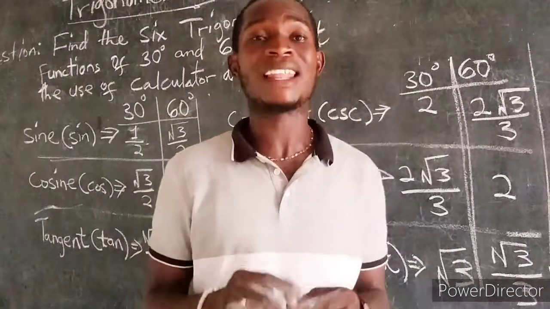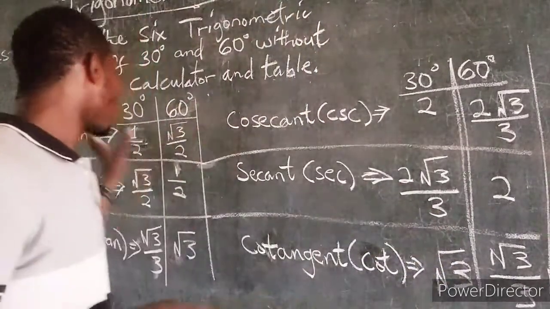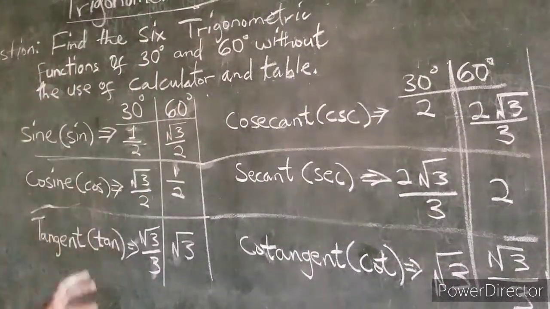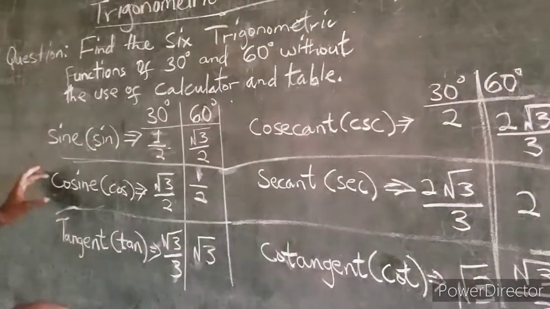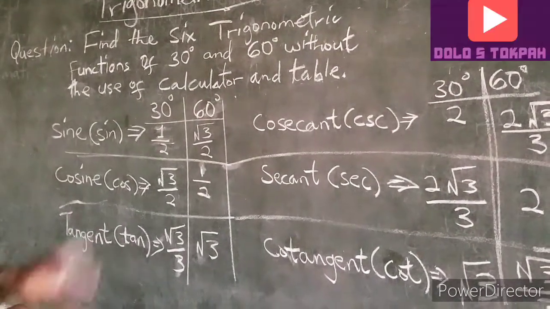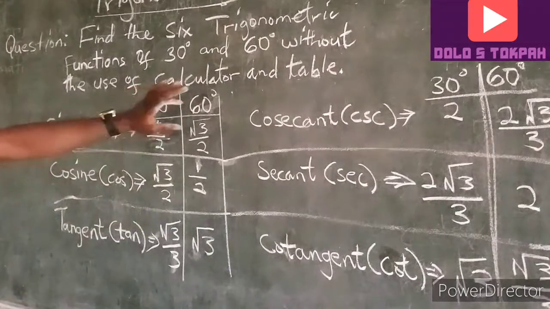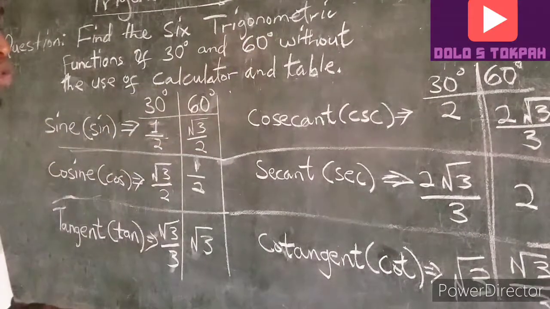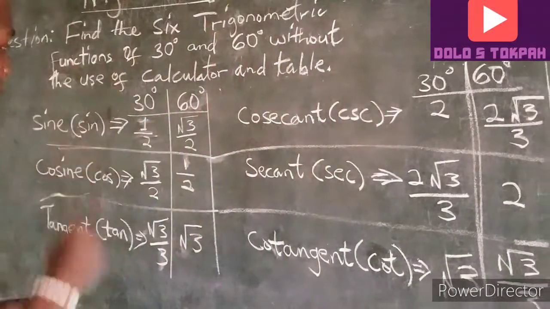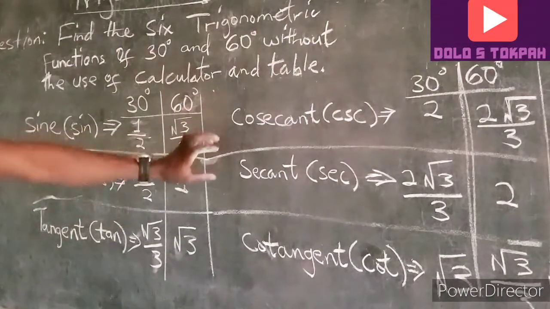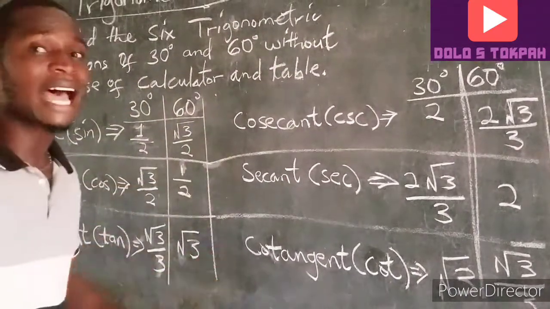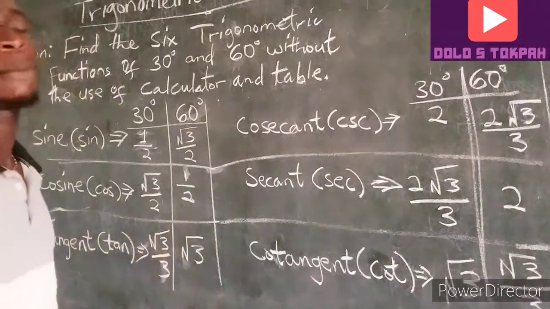Just know that after you have found your first 3 trigonometric functions, which are sine, cosine, tangent, for the 30 degree and the 60 degree using the equilateral triangle, how we derived using the derivation we did, now to find the cosecant, secant, and cotangent, just find their reciprocal.